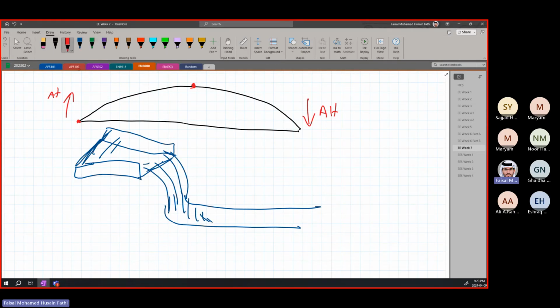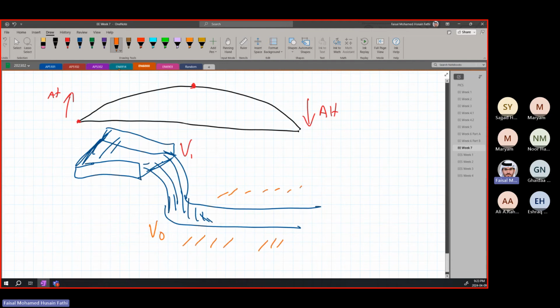All right, this is V1 and this is V2. If we are considering this to be our last point, this is V0. If we are considering this to be our last point وبعد ما بيطيح, we will consider this to be our ground. هاي الأرضية, هاي الأرض, هاي اللي حوالين هني كلها أرض. Okay, هاي كلها أرض.